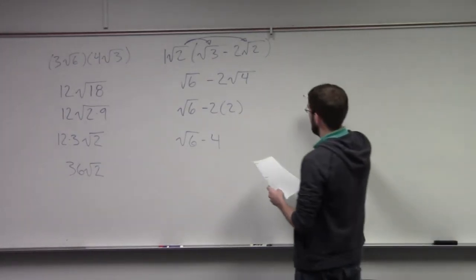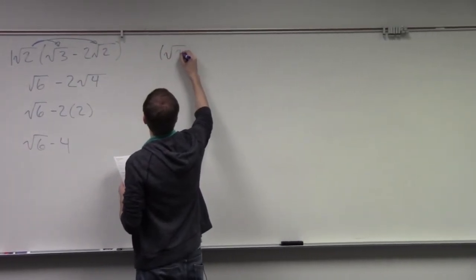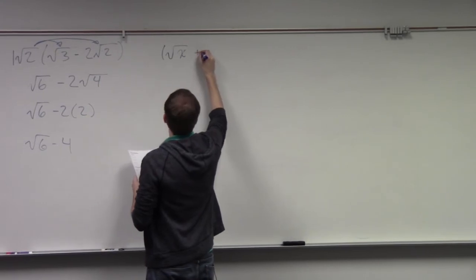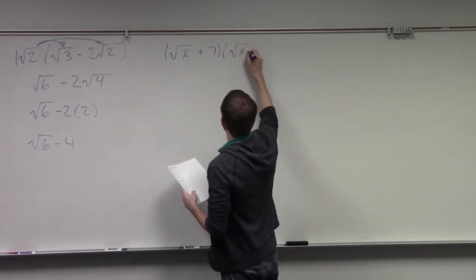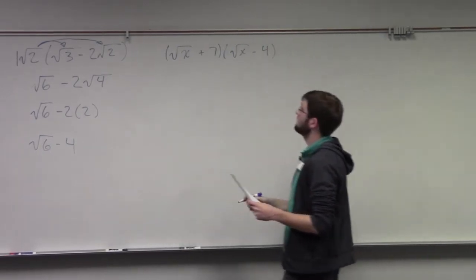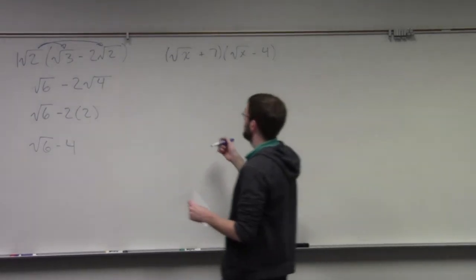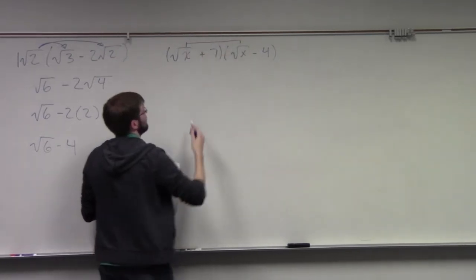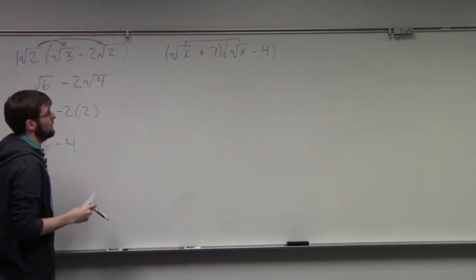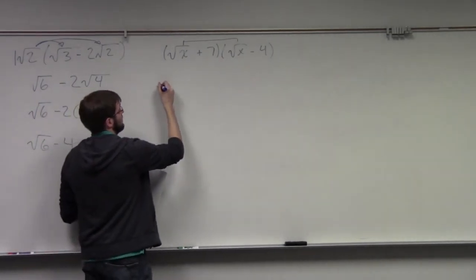All right. So let's do some more with distributing. Let's use FOIL. I have square root of x plus 7 times the square root of x minus 4. When you have two binomials that multiply, we can use FOIL. I want to do the first two terms. The square root of x times the square root of x is square root of x squared.